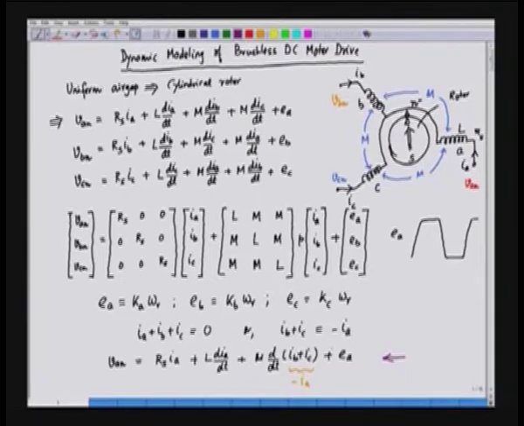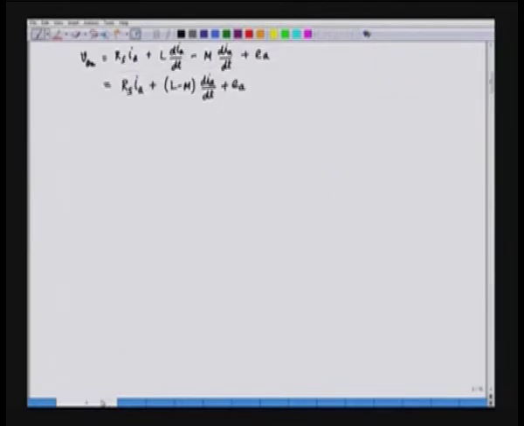Now, the equation only has dIA by dt and IA. So, we can further rewrite this equation as RS IA plus LS dIA by dt plus EA.